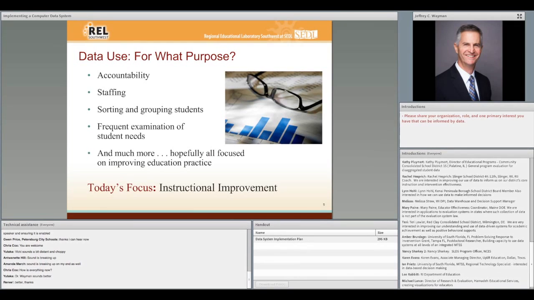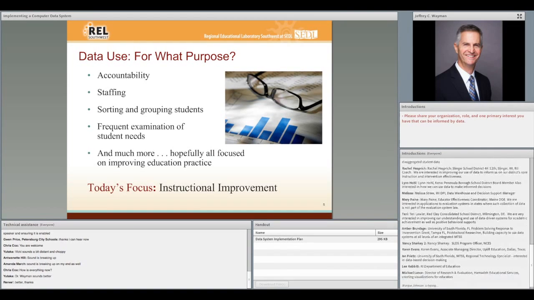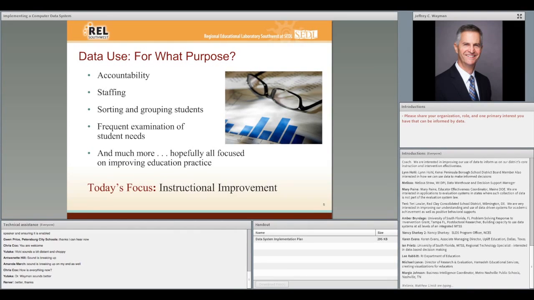First of all, let's talk about what our purpose is for data use. One of the things that I found in data use is that the purpose that you're using data for affects what are good practices. And understand that there are a lot of different purposes you can have for data use. You can use data for accountability. You can use it for staffing.